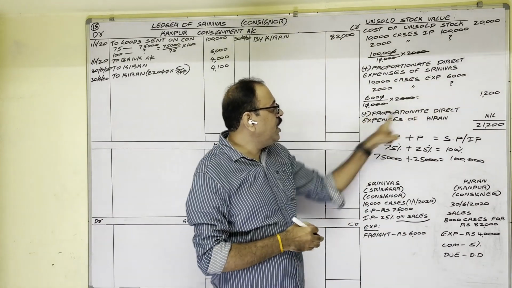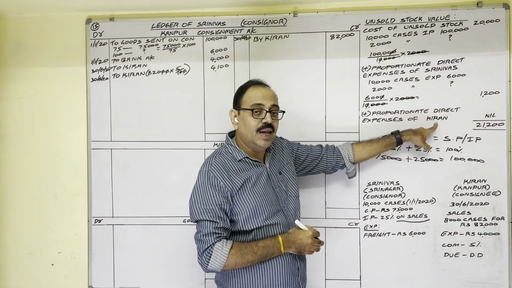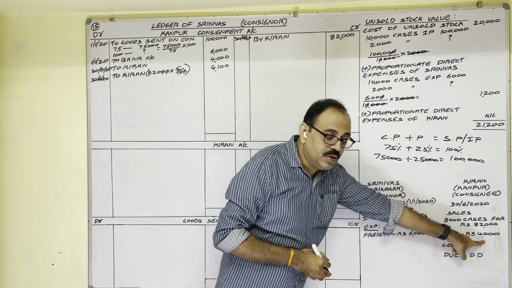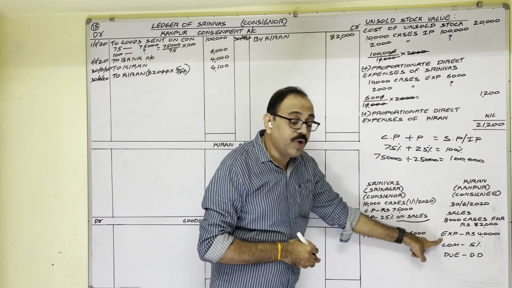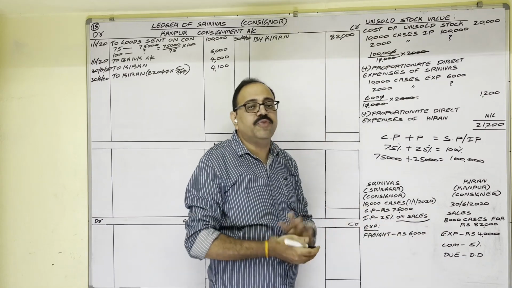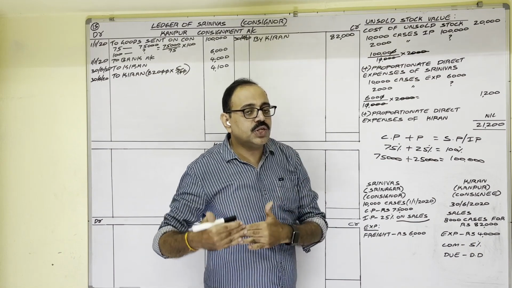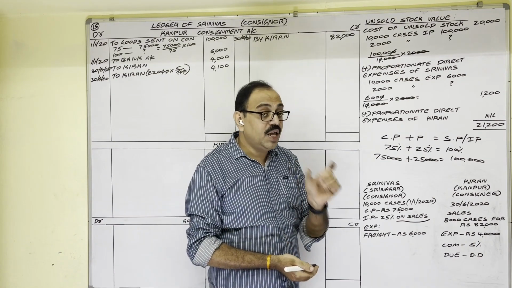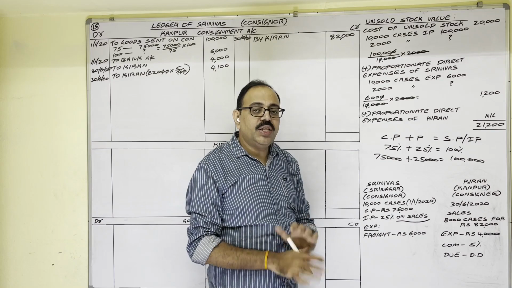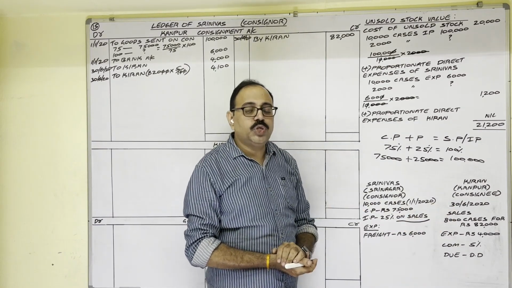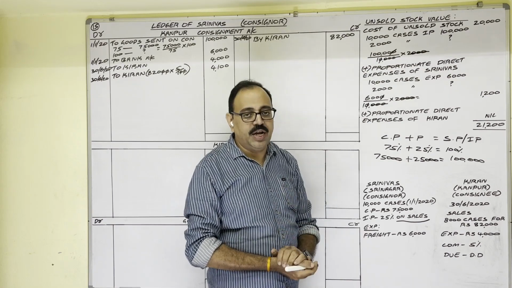Plus proportionate direct expenses of consignee, Kiran. Consignee expenditure 4,000. But in question, for this expenditure, there is no proper information. To sell these goods, consignee incurred expenses of 4,000. Expenditure name is not available. So when there is no proper information about consignee's expenditure, we should assume it as indirect expenditure.